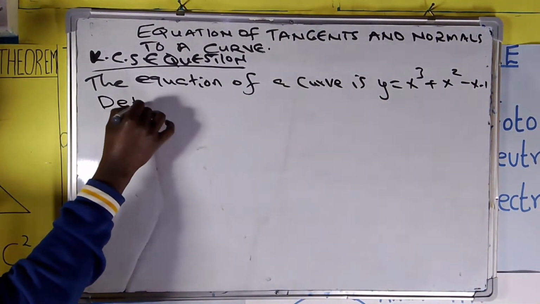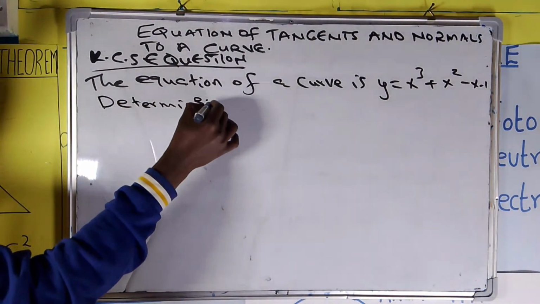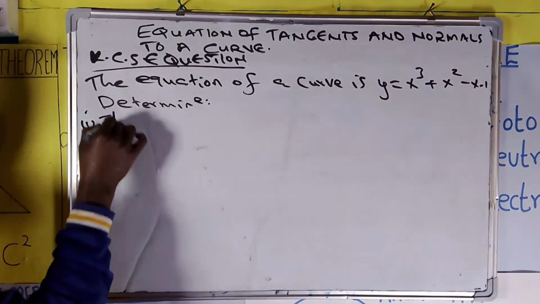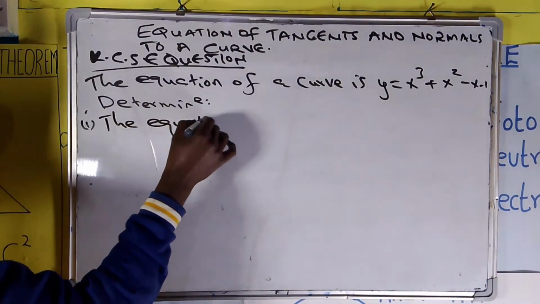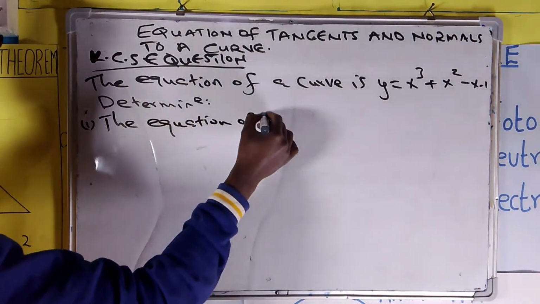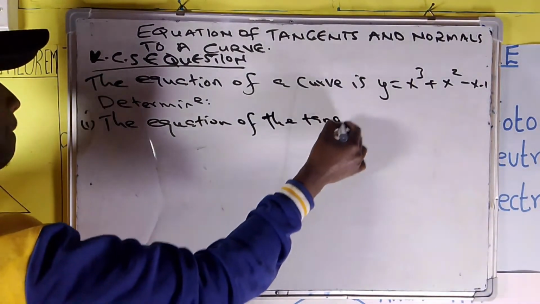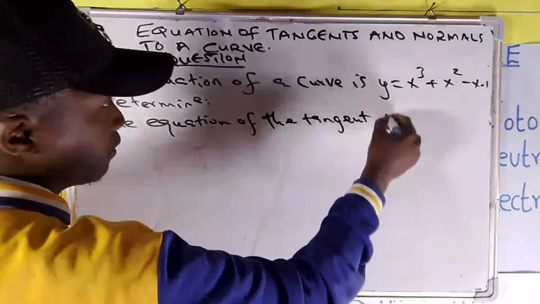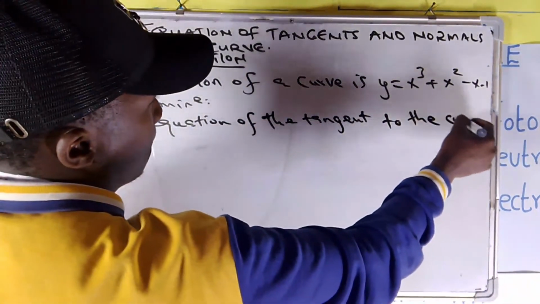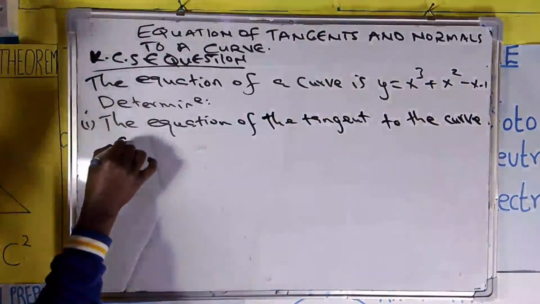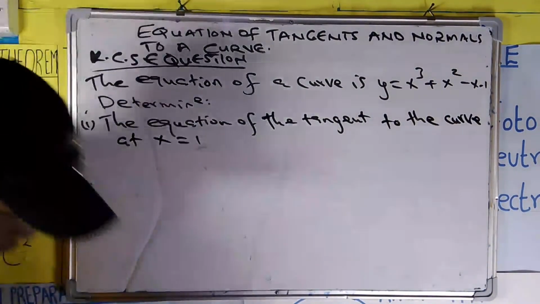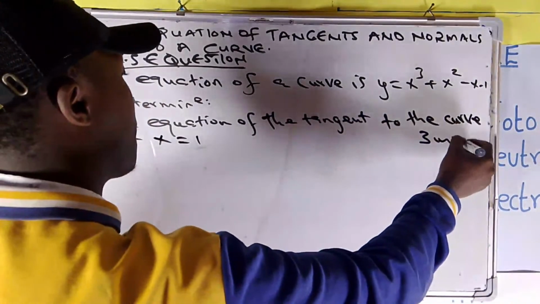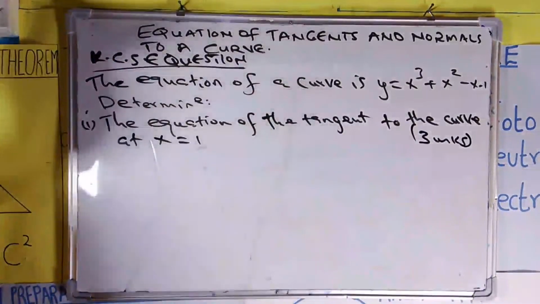Determine, Roman 1, the equation of the tangent to the curve at x equals to 1. 3 marks.